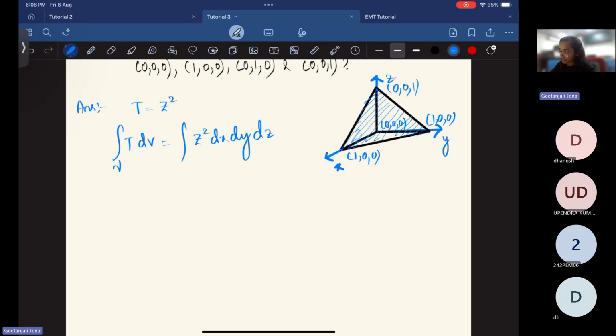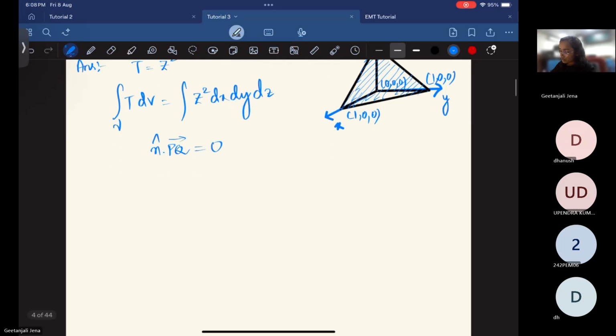We use the concept that the normal vector to this plane is perpendicular to any vector lying on this plane. Let's say this plane is PQ. Any vector lying on this plane is perpendicular to the normal vector, so their dot product is 0. The normal vector will have xyz components, and PQ also has xyz components.